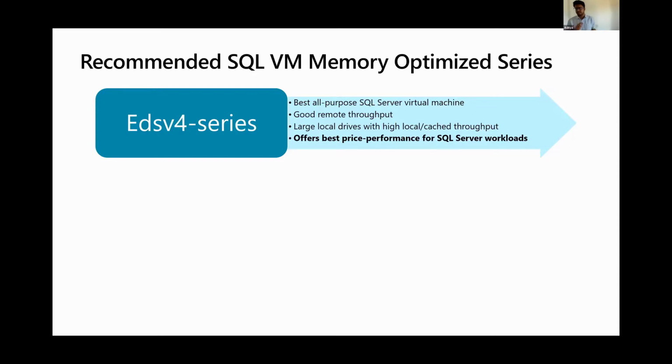If I double click on that, you have one core, and we see that 1:8 is the proper ratio that you might need to run a proper SQL Server workload. And EDS v4 is a series which has that memory to core ratio perfectly aligned. It also has a higher local cache and the best throughput.